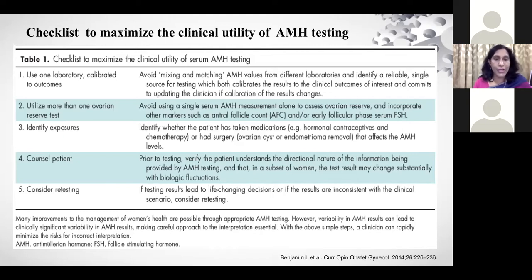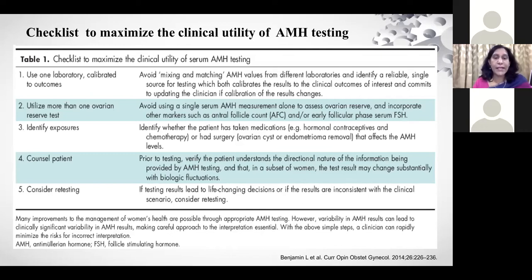Identify exposure. So whenever you take history, identify whether the patient has taken medications, for example hormonal contraceptives or chemotherapy, or had surgery like ovarian cyst or endometrioma removal that can affect the AMH levels. Counsel patients.